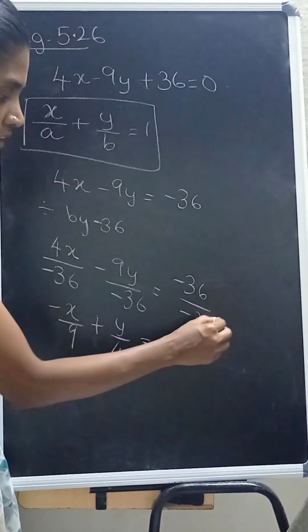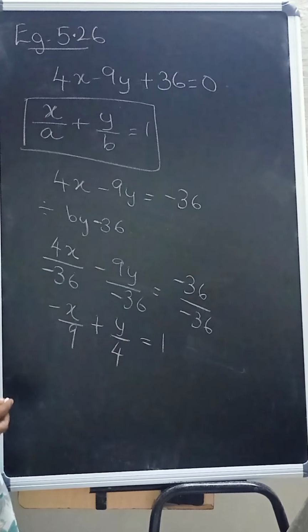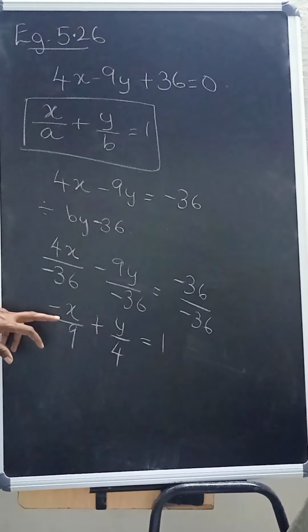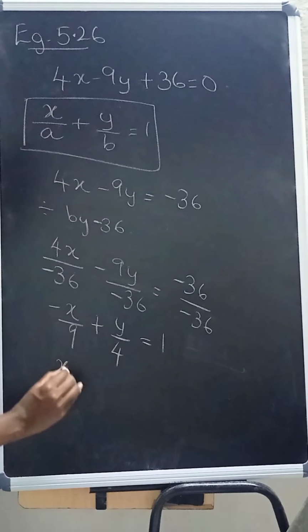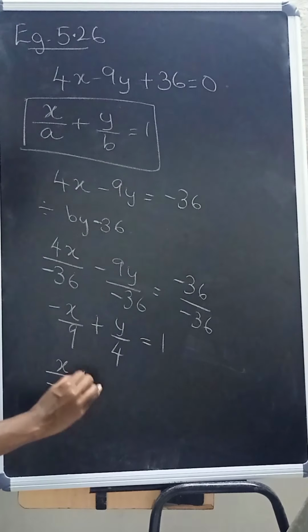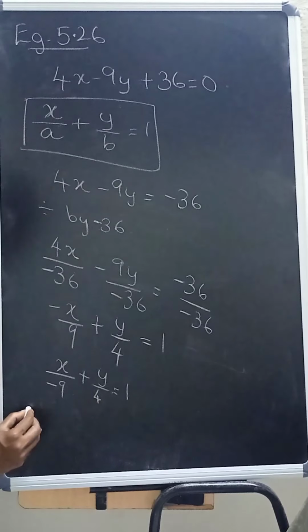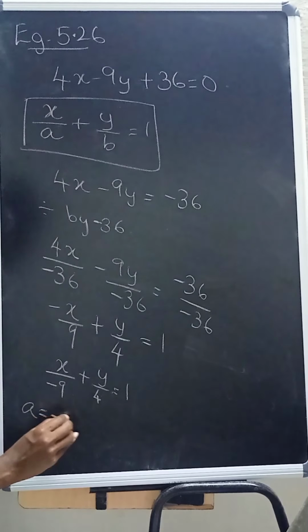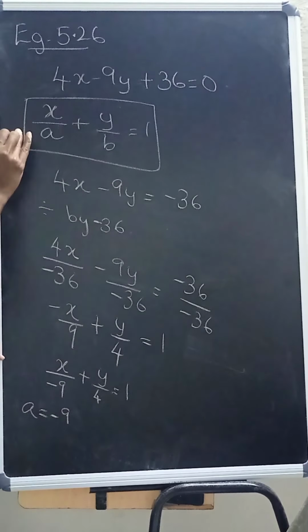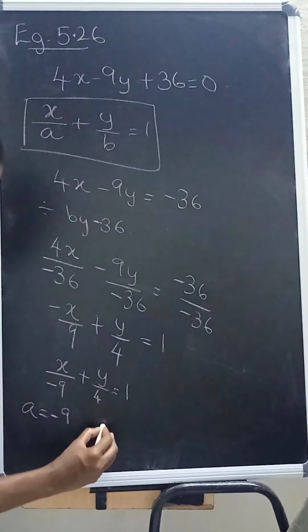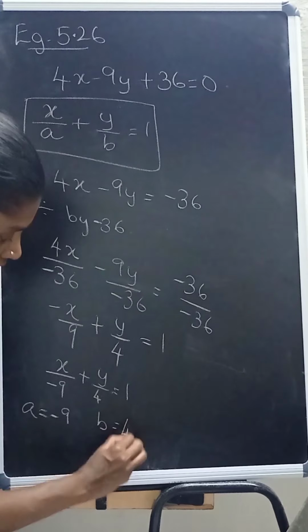Here also minus minus gets cancelled, 36 gets cancelled, you will get 1. So you will get minus x by 9 plus y by 4 is equal to 1. So x by minus 9 plus y by 4 is equal to 1. So your x-intercept a is equal to minus 9. On comparing this equation with the intercept form, you will get a is equal to minus 9 and b is equal to 4.